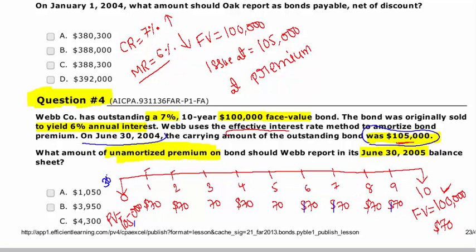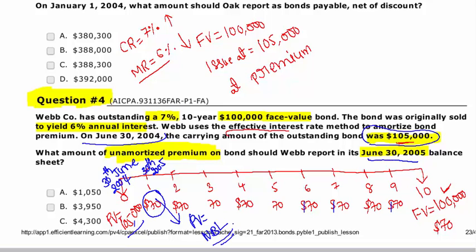You assume this date as 30th June 2004, 105,000. This is the present value, and they are asking us to report 30th June 2005. So after 1 year, at this particular time, they are asking us to calculate the value of the bonds, meaning the net bond liability.